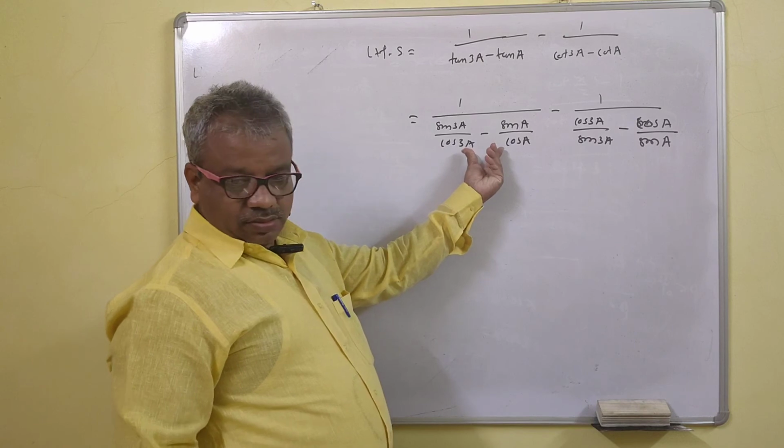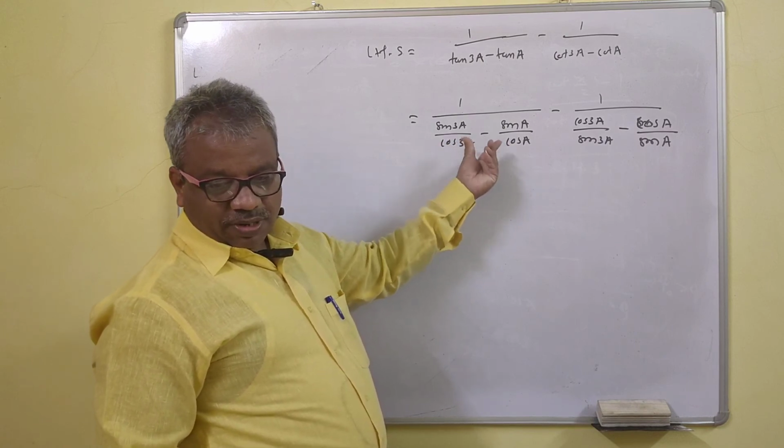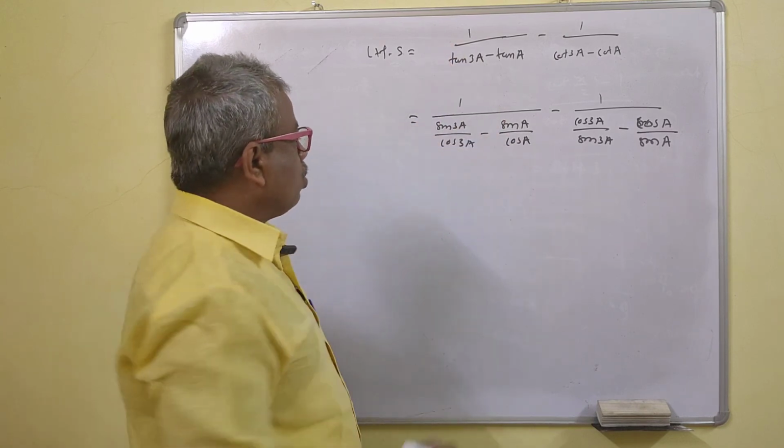We'll shift the product of the denominators to the numerator and take cross multiplication.